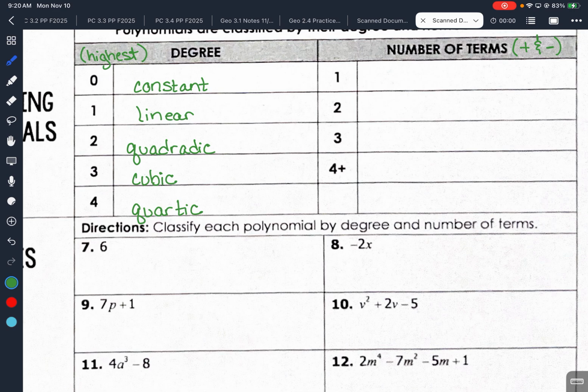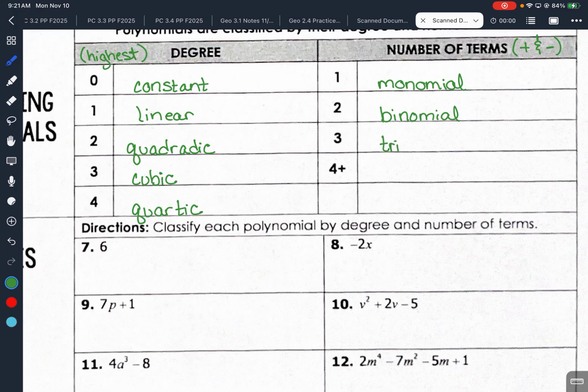Okay, so number of terms. The prefix for one is mono, so monomial is one term. The prefix for two is bi, so it's a binomial. Because, as I said, polynomial was a group of terms, yes? Three, anybody guess for three?